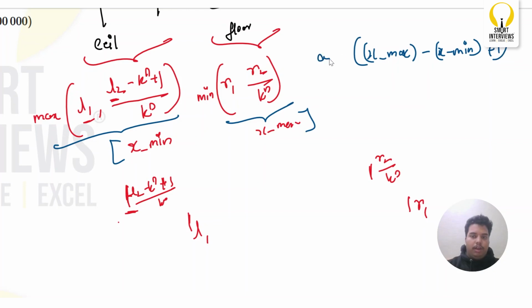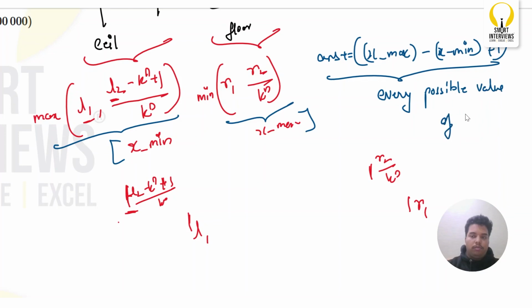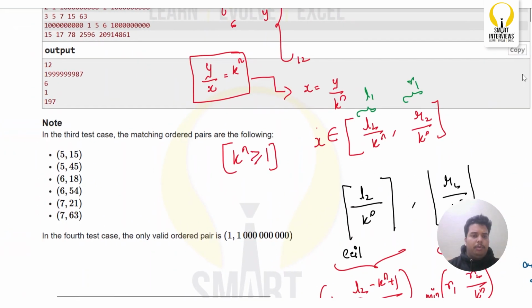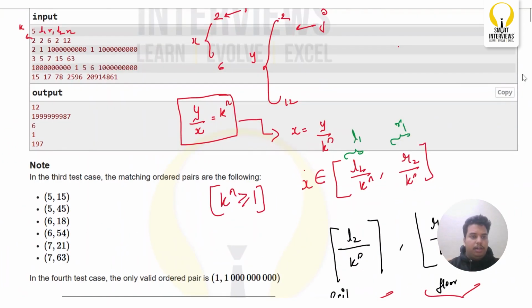Every time you need to add this to your answer for every possible value of n, or let's say k power n.